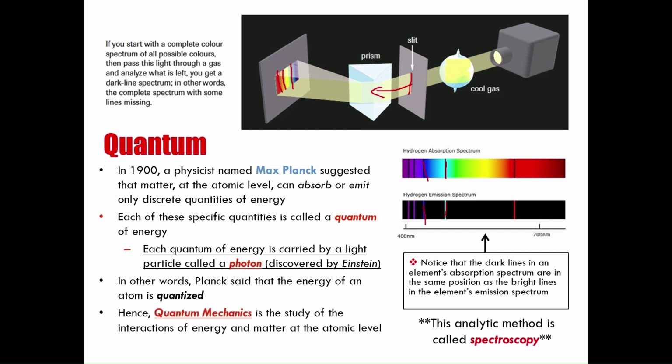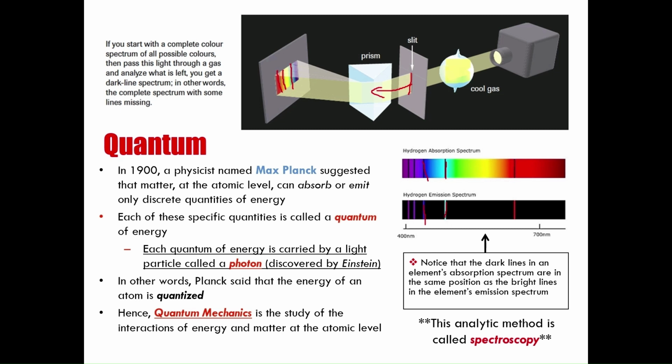And so it brings us to our pinnacle definition here, okay? Quantum mechanics. What is quantum mechanics? Quantum mechanics is the study of the interaction of energy and matter at the atomic level.